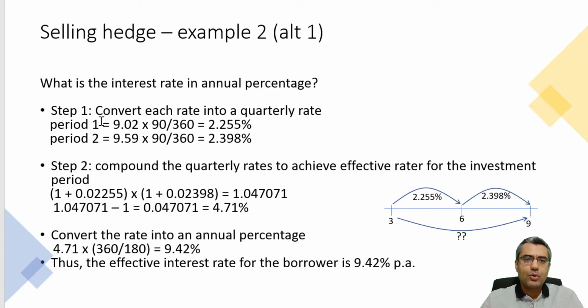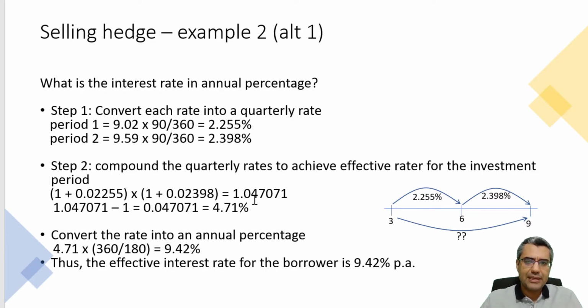Now let's compute the overall interest rate for the whole 6-month period. Let's see on average at what interest rates we borrowed the 10 million ringgit over the 6-month period.